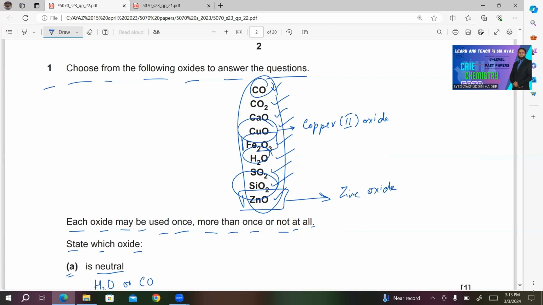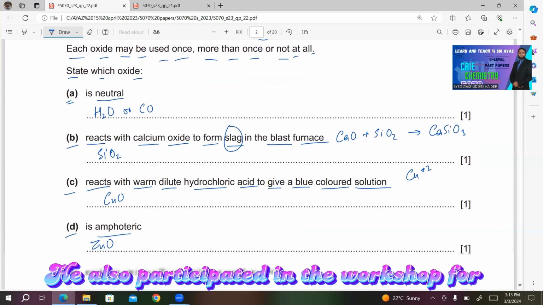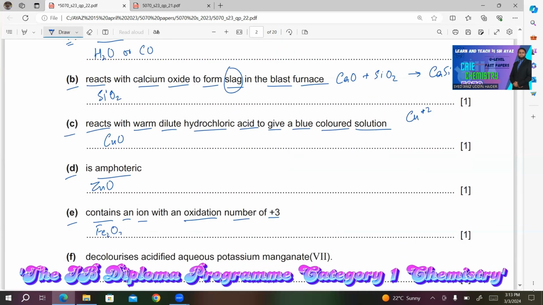So Fe2O3 is iron 3 oxide, and the name implies that the iron ion here must be carrying +3 charge. As you know, oxygen carries -2 charge. So Fe2O3 will be the answer for this question.